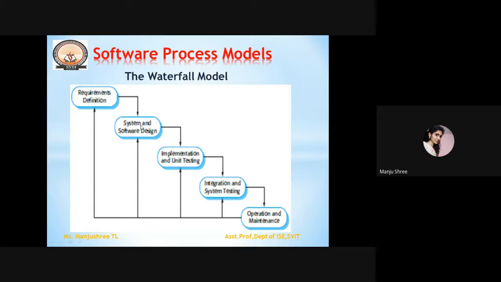The system design process allocates the requirements to either hardware or software systems by establishing an overall system architecture.